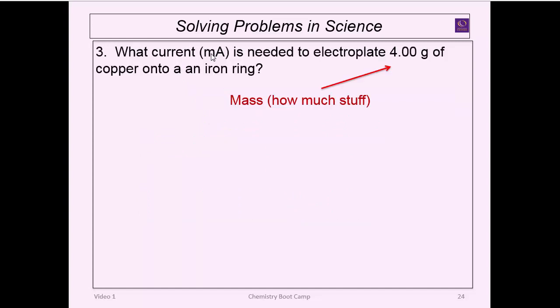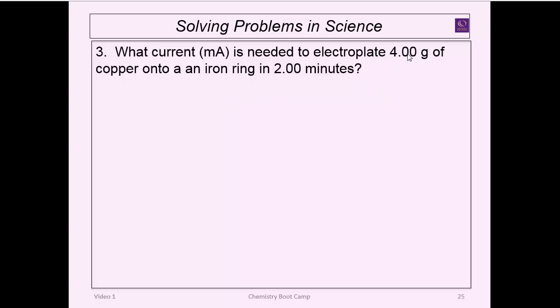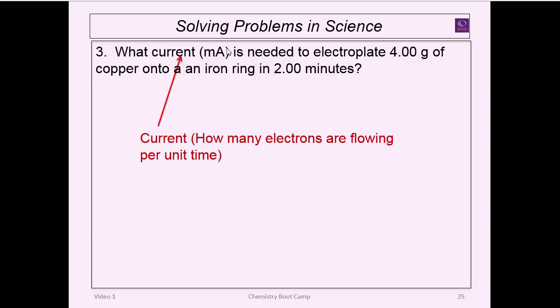What current, in milliamps, is needed to electroplate 4 grams of copper onto an iron ring? Wow, this is 4 grams. That's mass. That's how much stuff, right? Milliamps is current. Wow, those are totally different dimensions. There must be some principle in science that relates the mass of a material put down to how much current is driving that.